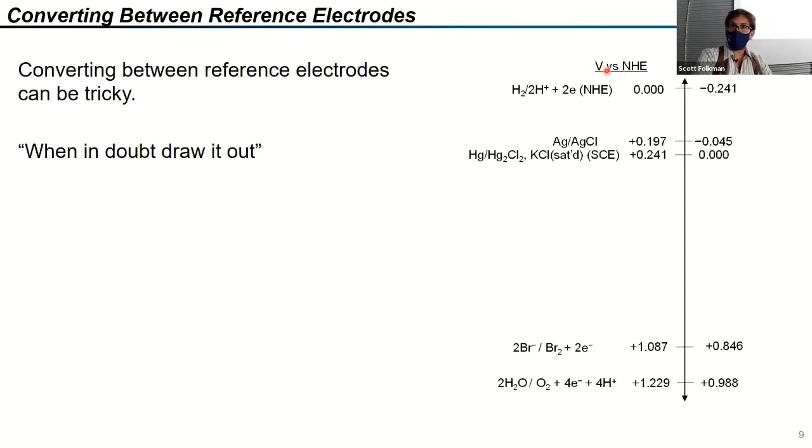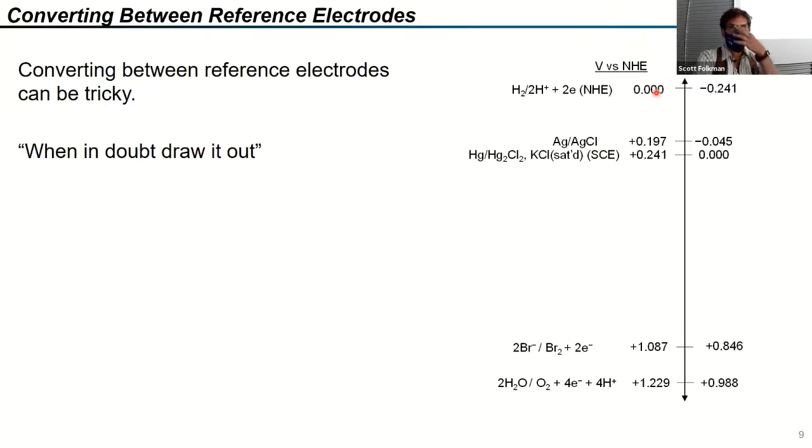So if you're not sure, what you can do is you can draw the energy scale of, let's say, the potential that you know, and the same energy scale as the potential that you will convert to. Now, you can look up the conversion between NHE and SCE.